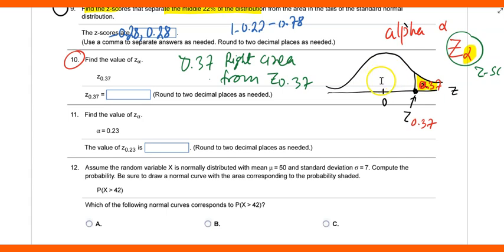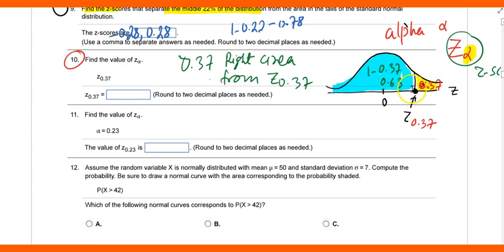What do you think the area on the left of this point is going to be? It's 1 minus 0.37, which is 0.63. I put this area here, let me color it. This area is 0.63, which is the area on the left of the point I'm looking for.